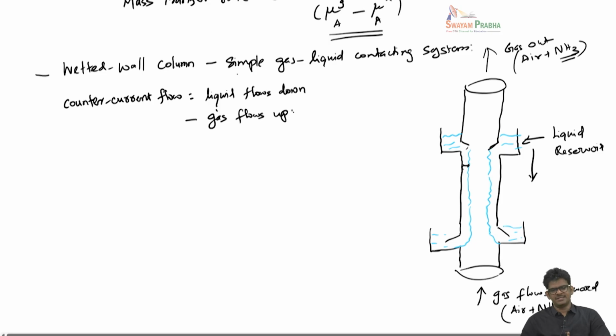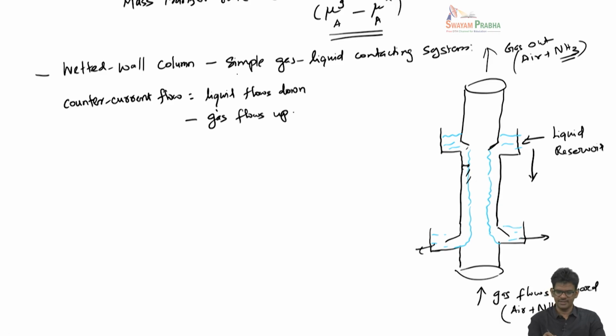So you can think about a steady state operation where the flow rates are steady. Okay, and because of this contact between the gas and the liquid near this interface, the wavy line that I have drawn here is basically the interface between the liquid and the gas. At that particular location, the mass transfer will happen because they are in direct contact. Ammonia will try to diffuse from the gas phase to the liquid phase. Okay, and then it's flowing down, and then the liquid can be collected here and the gas can be collected at the top. So this is a very simple apparatus called a wetted wall column.